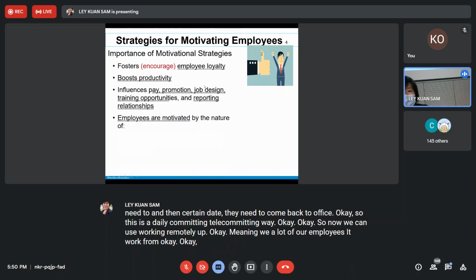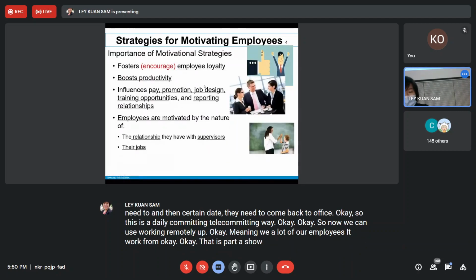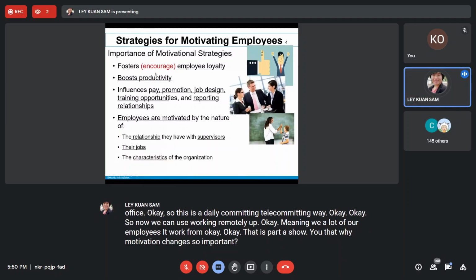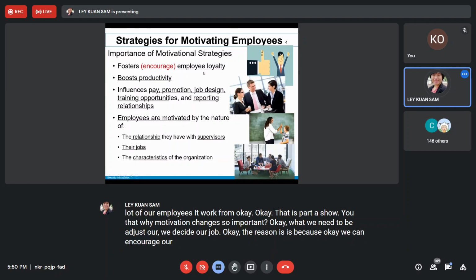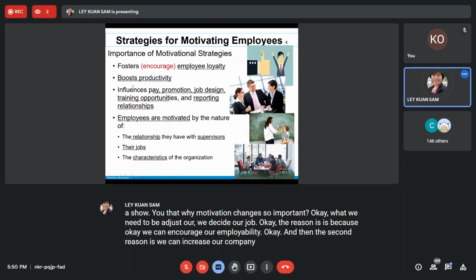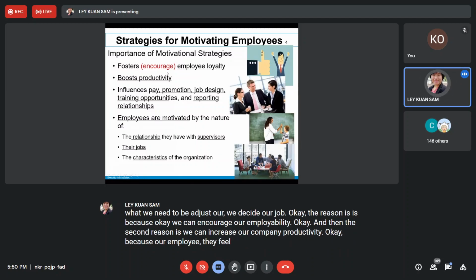Then this part shows you why motivation strategy is so important. Why do we need to redesign our job? The reason is we can encourage our employees' loyalty. The second reason is we can increase our company productivity, because our employees feel satisfied and happy working in our company.